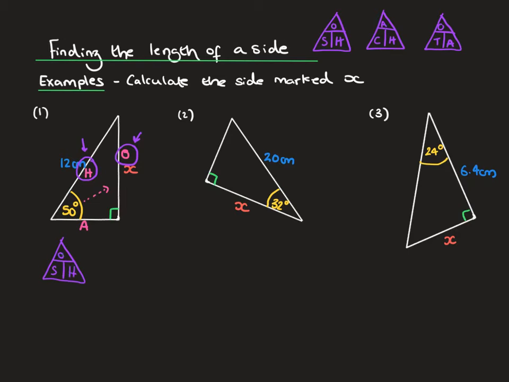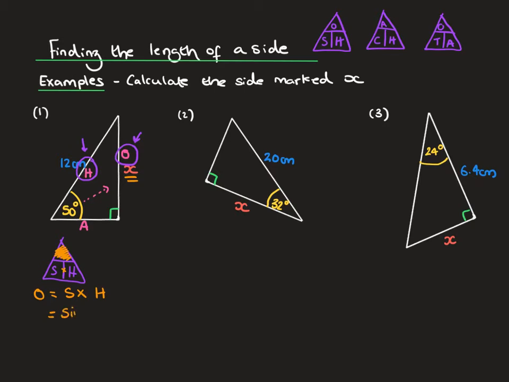Now, the way the formula triangle works is you cover up the thing that you are trying to calculate. What are we trying to calculate? We want to calculate X, which of course is the opposite. So we cover up the opposite in the formula triangle, and it tells us that the opposite is equal to S multiplied by H, because that's what it means when two letters are next to each other in the formula triangle. What does the S actually stand for?